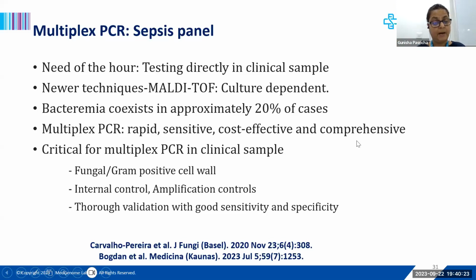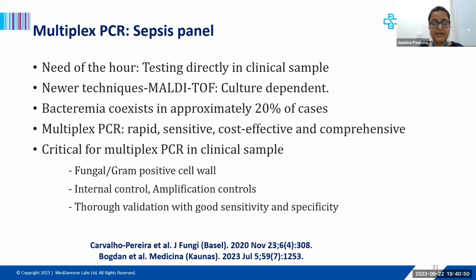There are newer techniques, but again, they are culture dependent. Again comes a problem: bacteria coexist with fungal infections in approximately 20% of the cases, which I think I missed mentioning. So it is very important to have bacteria, fungi, and viruses all looked at at the same time.